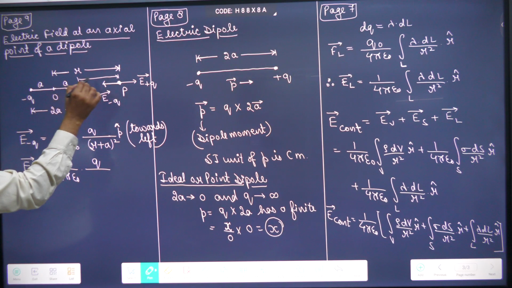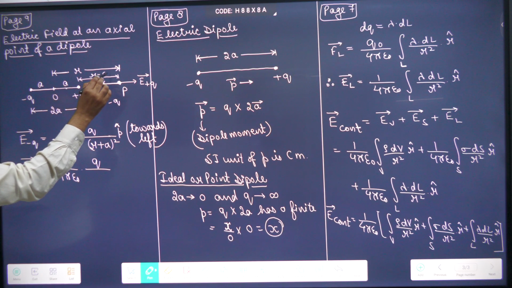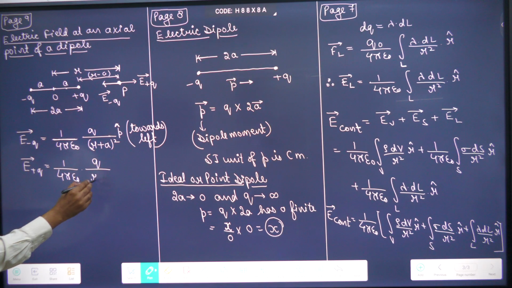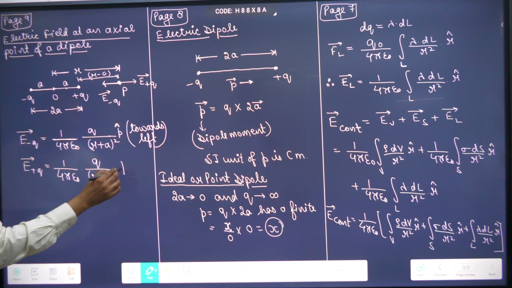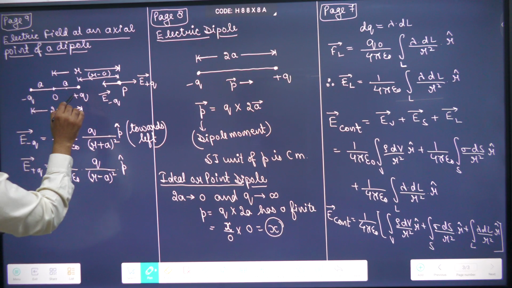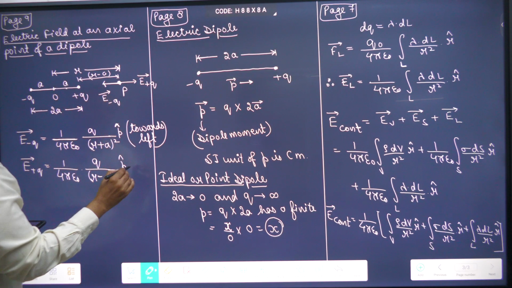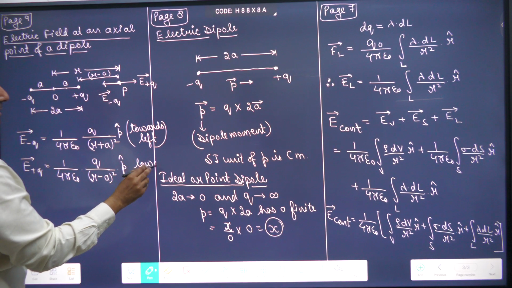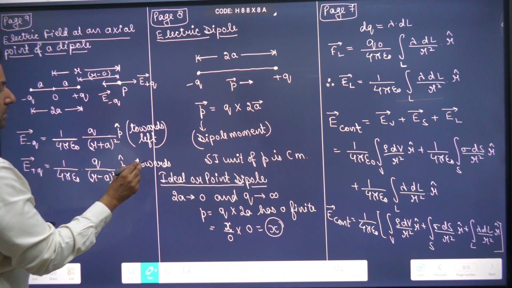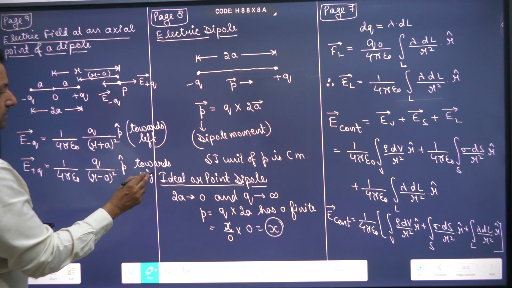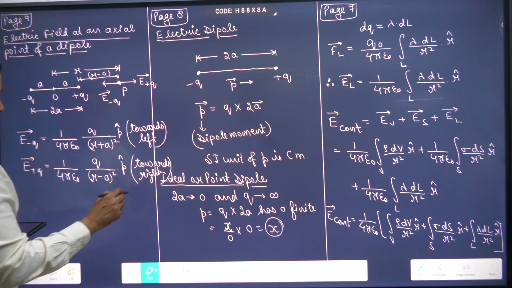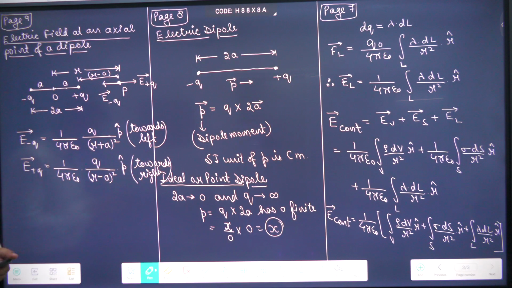So it is q upon r minus a whole square p cap. Due to this plus q, the electric field will be towards right. Now come to page number 36.